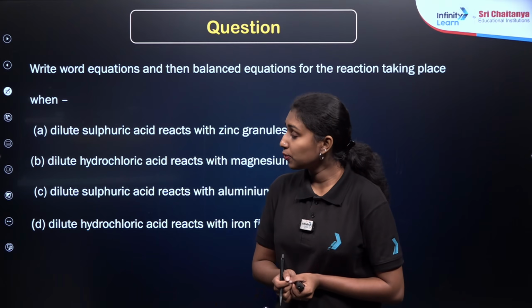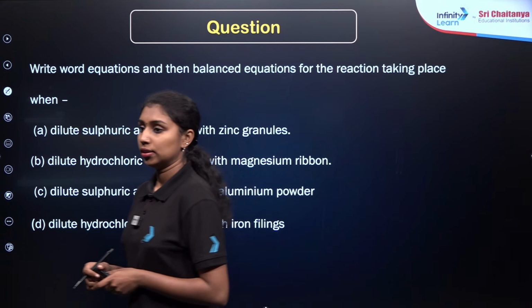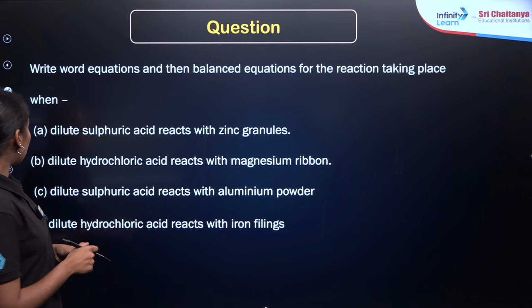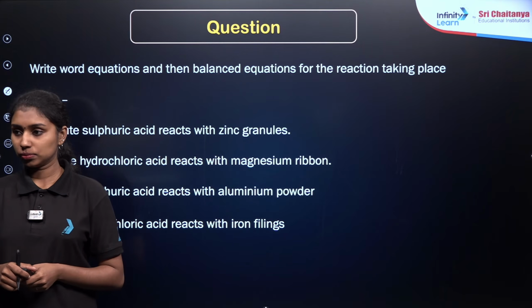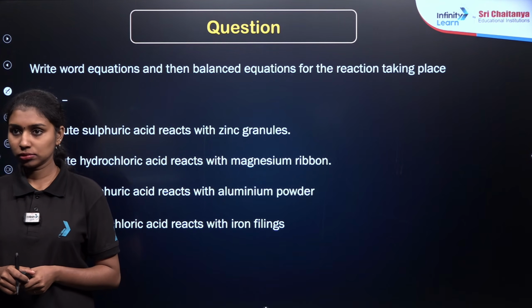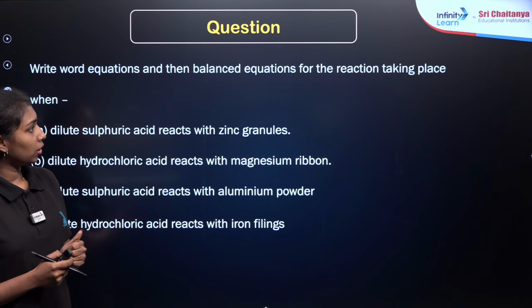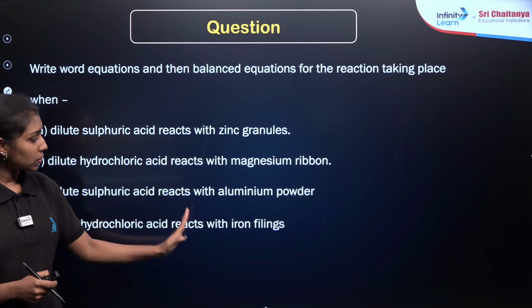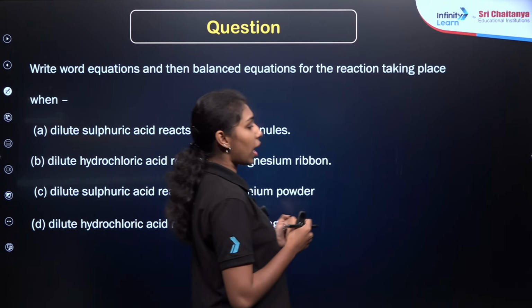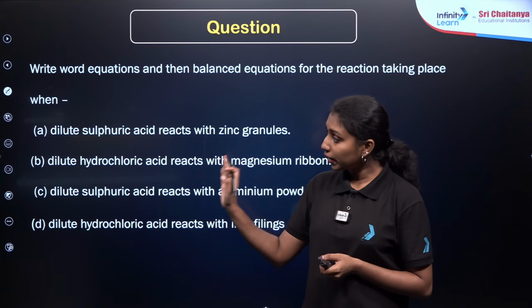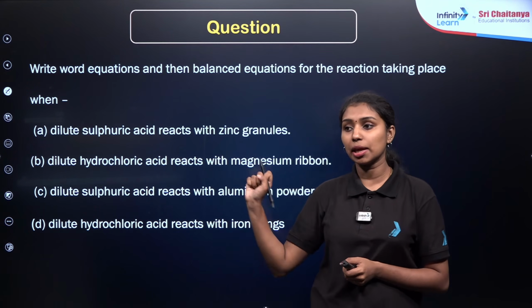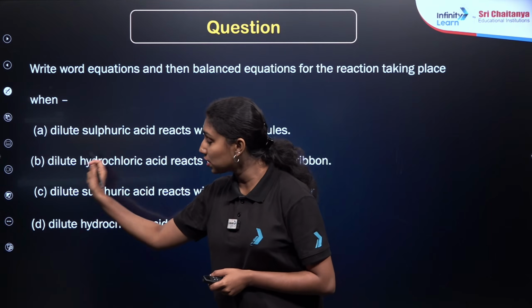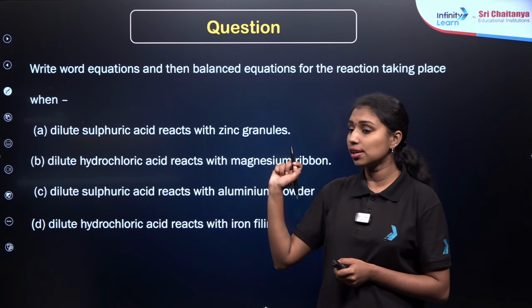So what will be the answer for the first sub-question? Whenever dilute sulfuric acid reacts with zinc granules. So 4 sub-questions are given here. This is the reaction of acid with metal granules, right? So we need to identify the word equations of the reaction as well as their balanced chemical equations.